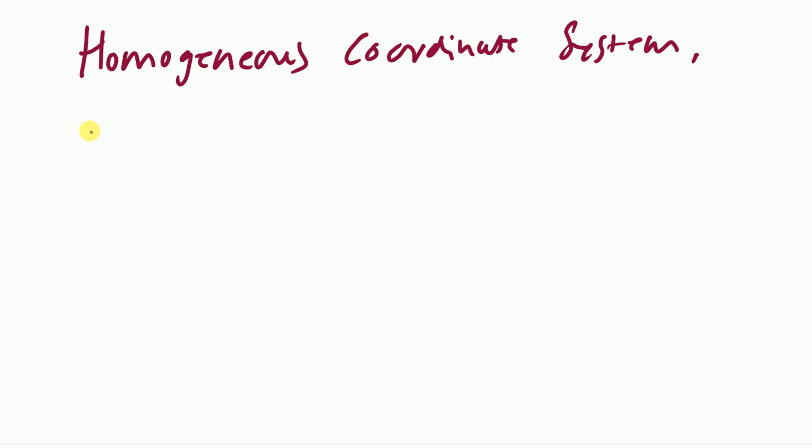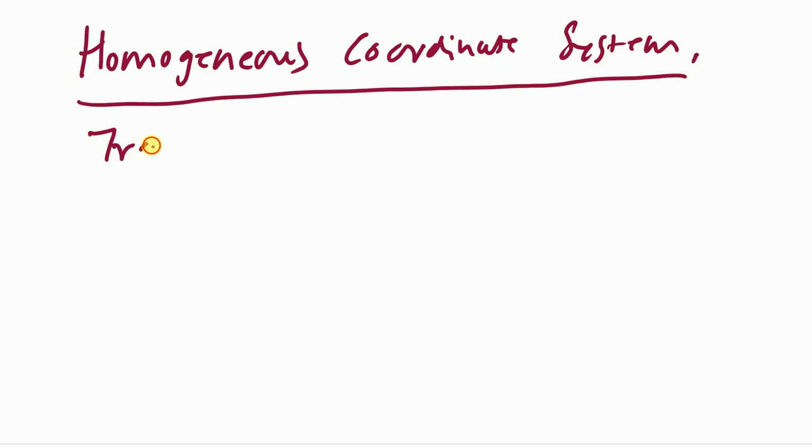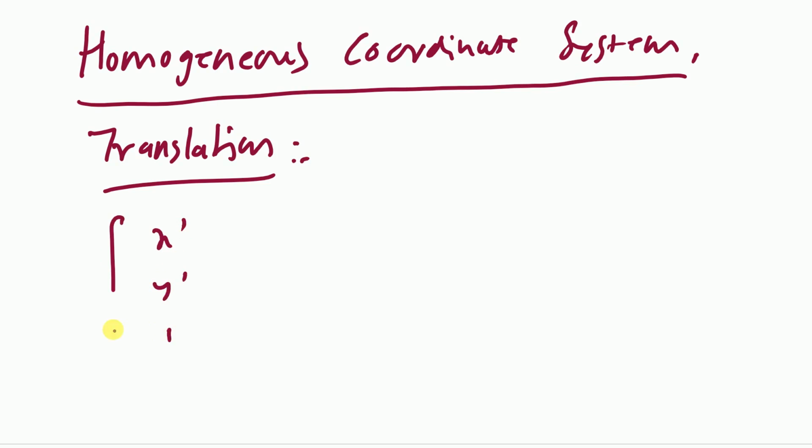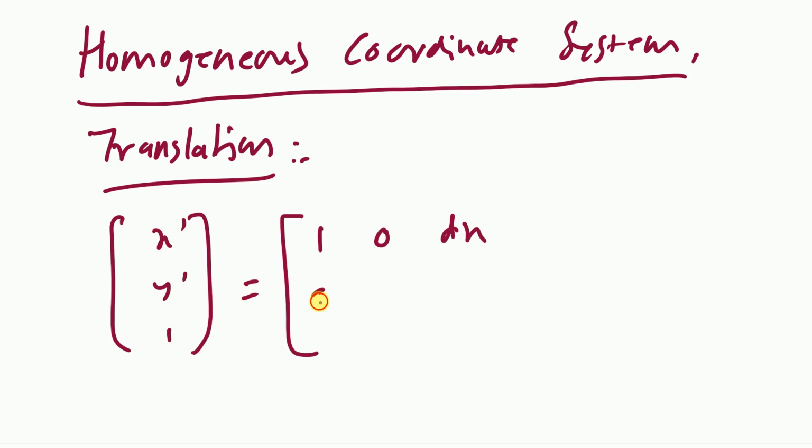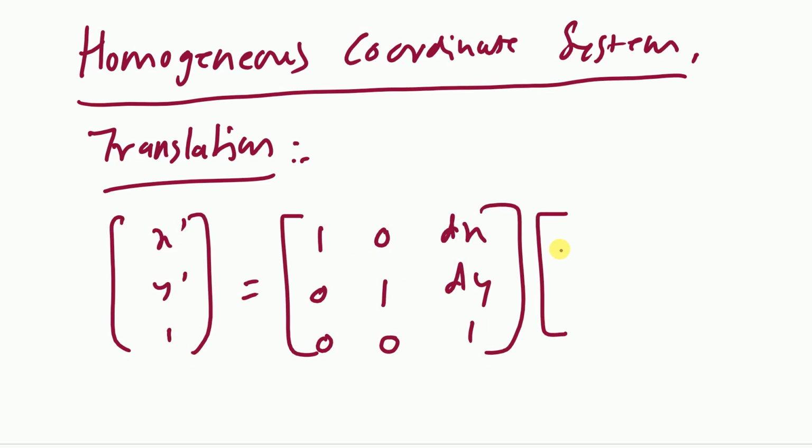So in the homogeneous coordinate system, the translation representation is given as x', y' and 1 is equal to the matrix 1 0 dx, 0 1 dy and 0 0 1, and here we have the original P matrix x, y and 1.